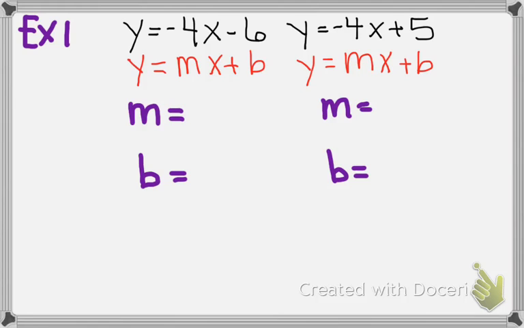M is negative 4. B is negative 6. For our second equation, M is negative 4 and B is positive 5.